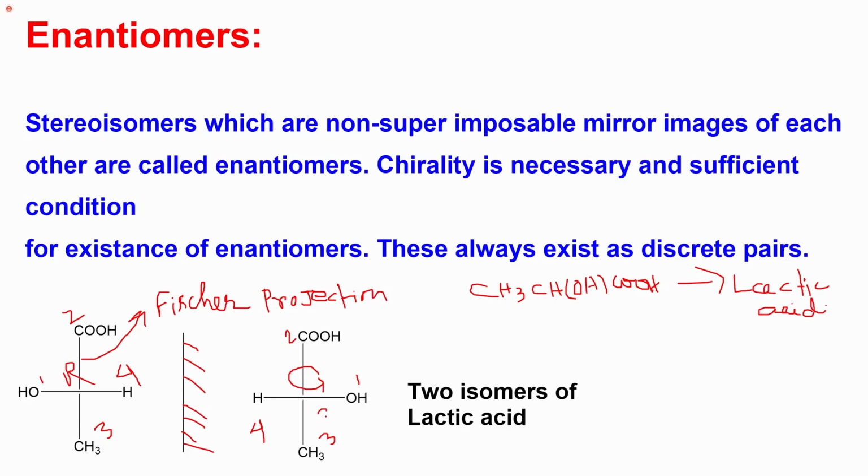That means you get S. So R in the mirror image shows S, and then it is an enantiomer. That's why they say the two isomers of lactic acid exist, one R and one S.